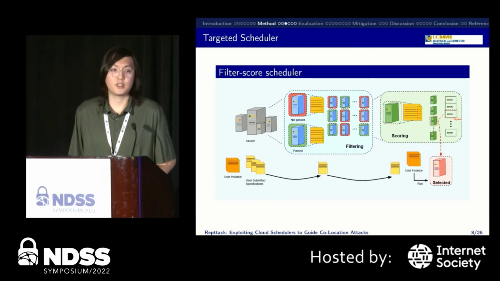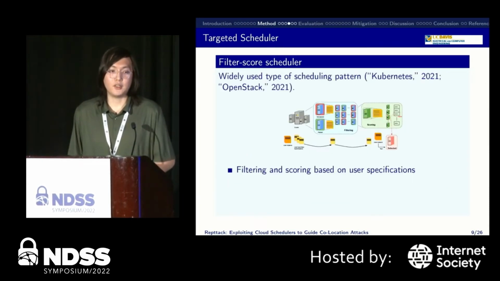It's called the filter score scheduler. It's a widely used type of scheduling pattern. It's used in Kubernetes and OpenStack, and there are two steps here, filtering and scoring, and they are both based on user specifications.